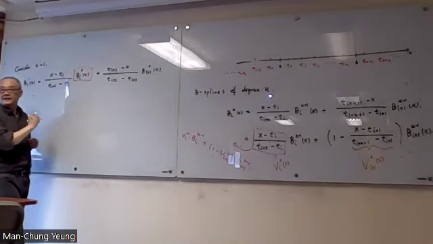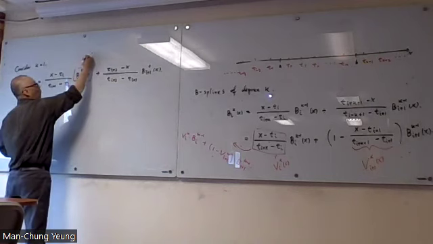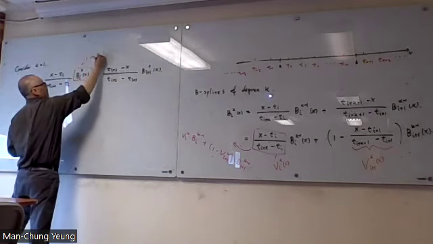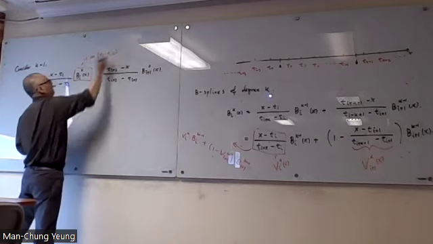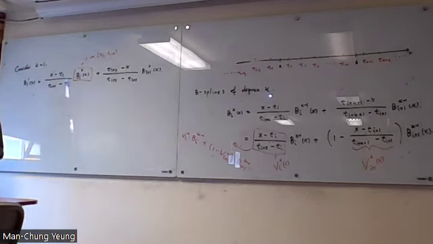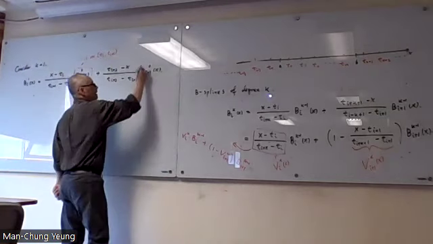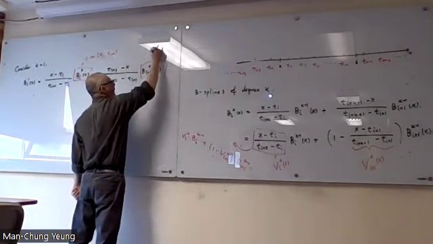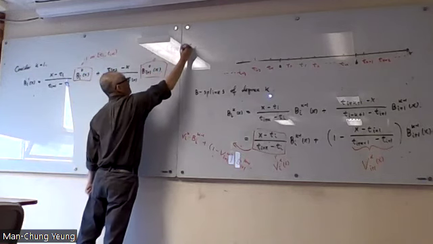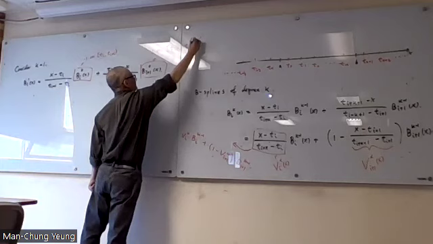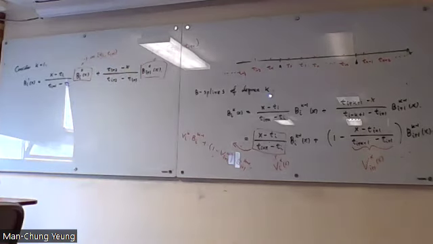Recall the definition of this one. This is a 1 on the interval [t_i, t_{i+1}). How about this? This is a 1 on [t_{i+1}, t_{i+2}), by definition.